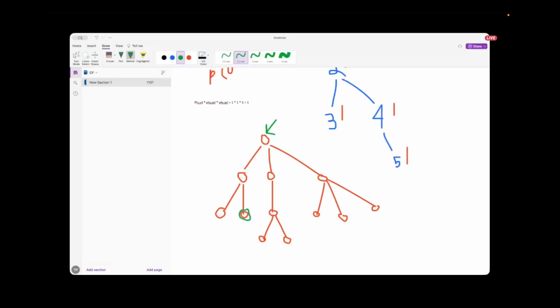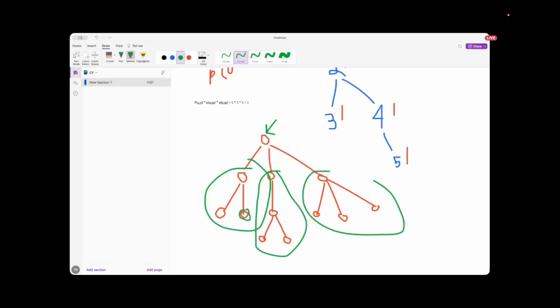So clearly there's three different subtrees for the three children of the root node. Clearly, if all three nodes were in a subtree of one of the children of the root, then their LCA wouldn't actually be the root. It would be one of the children of the root.